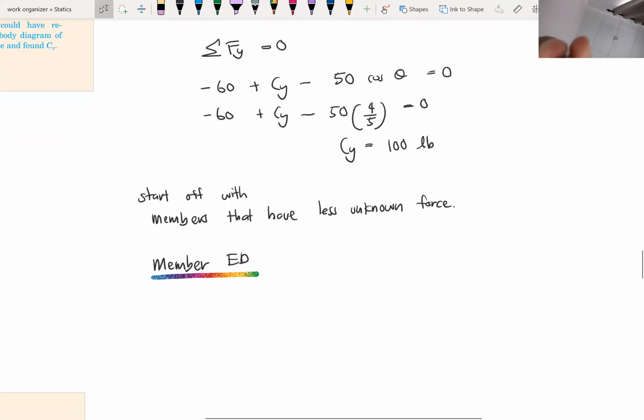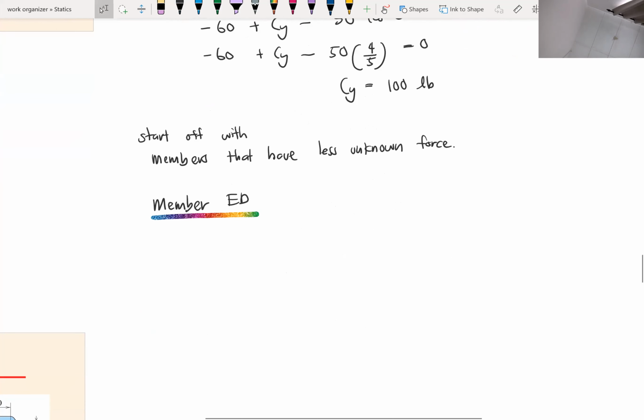For member ED, this is member ED, and we have E and D here. Here we have 50 lb, and we assume the other force will be in this way.